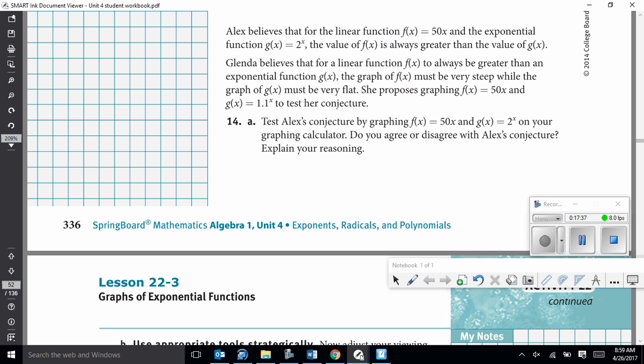She proposes graphing f of x equals 50x and g of x equals 1.1 to the x to test her conjecture. Test Alex's conjecture by graphing f of x equals 50x and g of x equals 2 to the x on your graphing calculator. Do you agree or disagree with Alex's conjecture? Explain your reasoning. All right, so let's graph them.